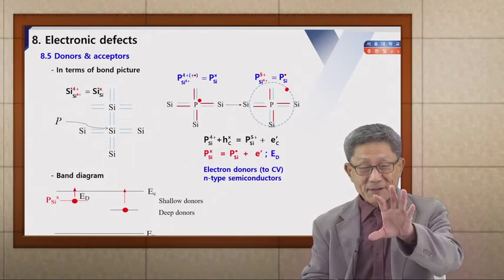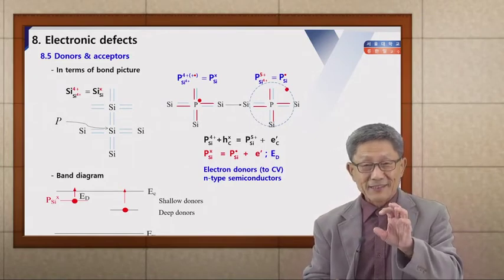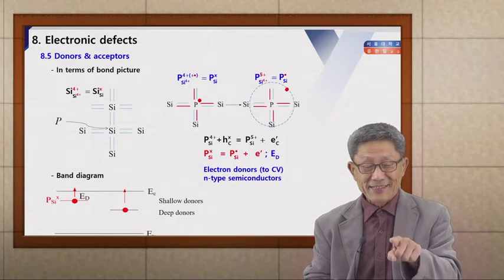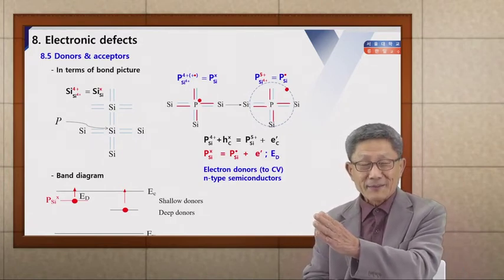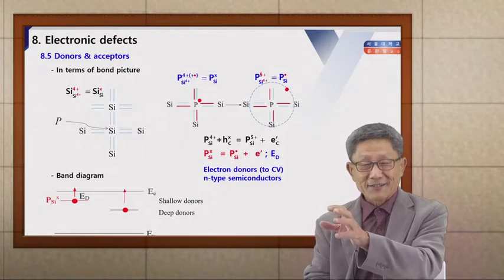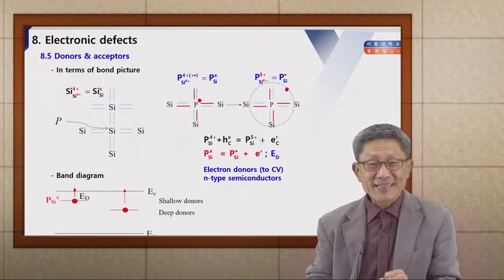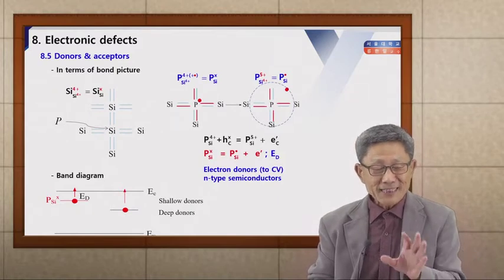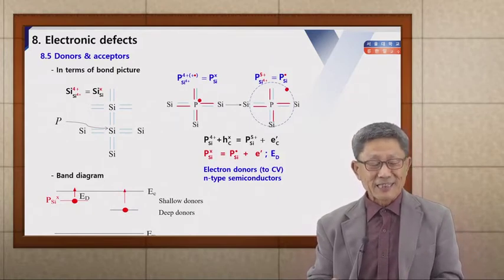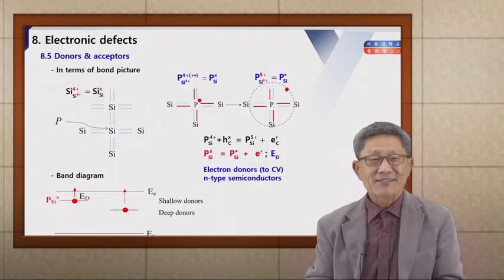Normally the high temperature part is called the intrinsic regime, and the low temperature part, which is controlled by the impurities, is called the extrinsic regime. Okay, so that is the impurity induced electronic defect, the electronic defect of extrinsic origin.